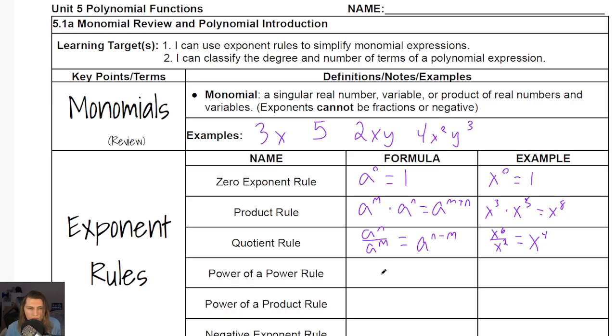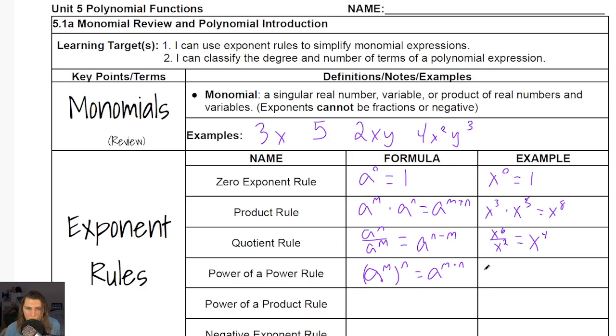Then we have the power of a power rule. Basically, if we have a to the m, and then we take that to the nth power, then we are going to multiply m and n together. So we have a to the m times n.